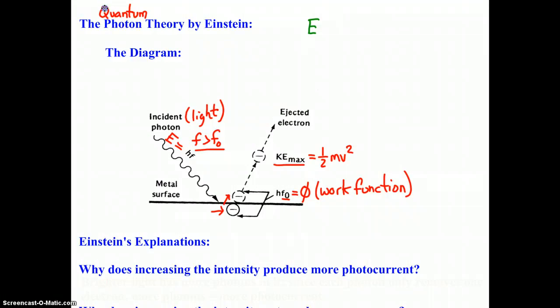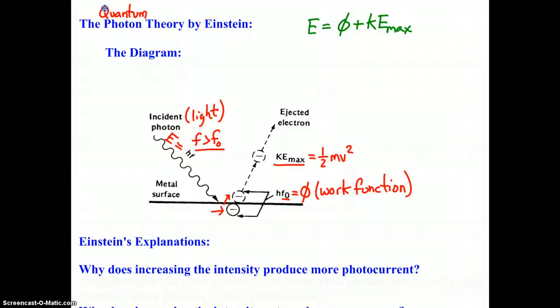It's the total amount of energy hitting the metal. Phi is the amount of that energy used to just remove the electron. Then the leftover amount gets imparted to the electron in the form of kinetic energy. So E, the total, we call phi, the amount used up to remove the electron, plus the leftover amount imparted to the electron in the form of kinetic energy. E equals phi plus KE max.